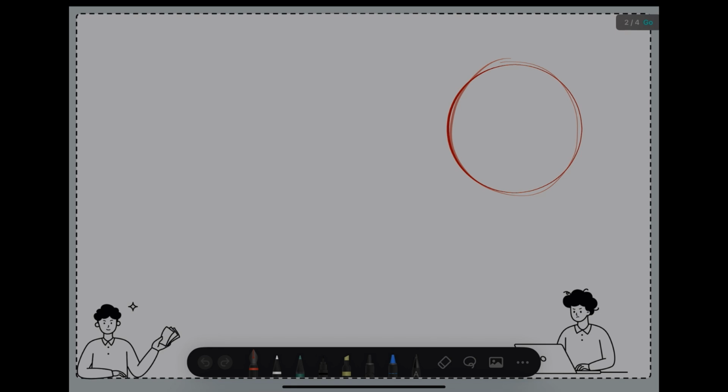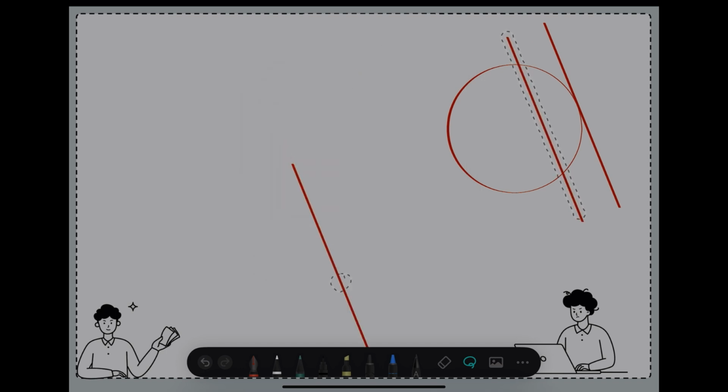Suppose this is your circle, this is your straight line, the first one. This is your tangent. This is your no cut no touch situation.